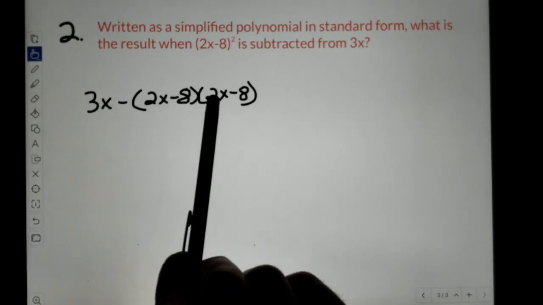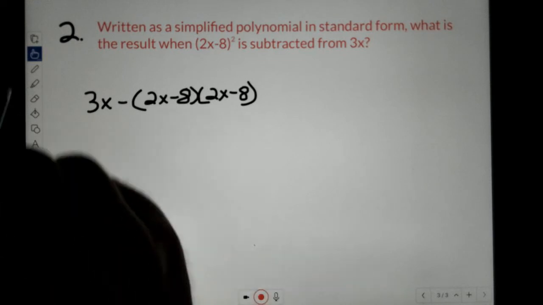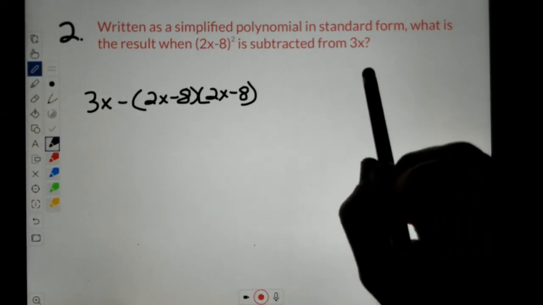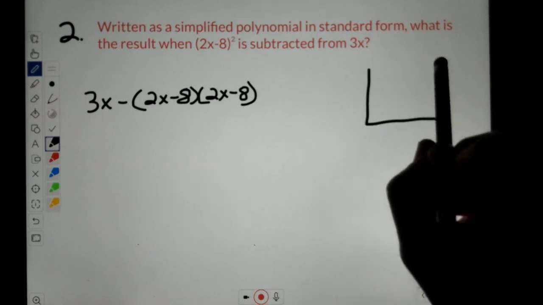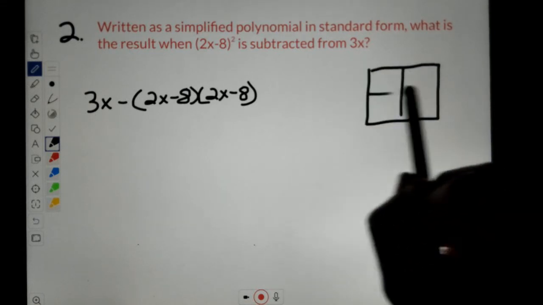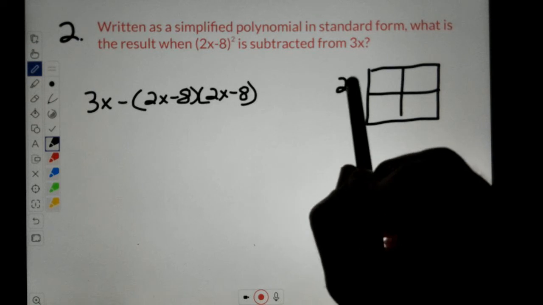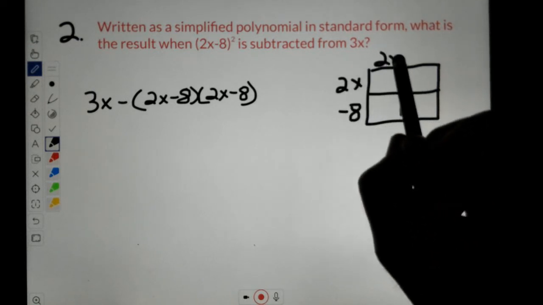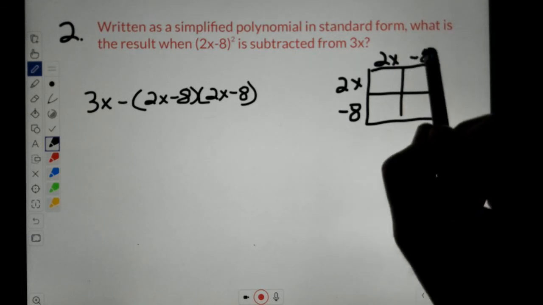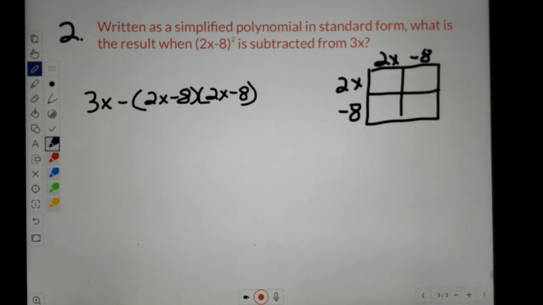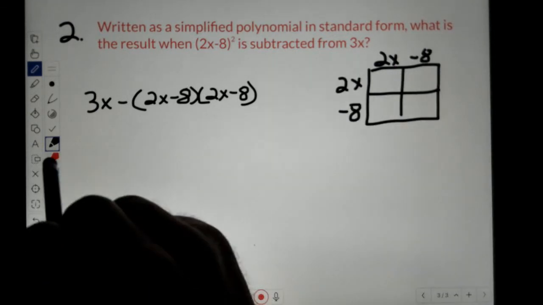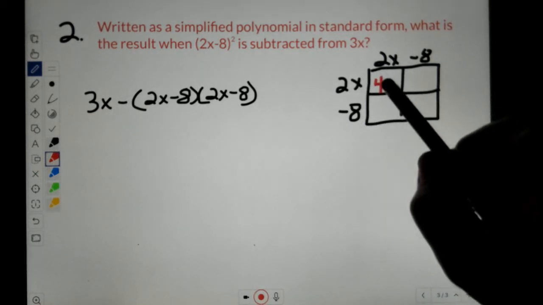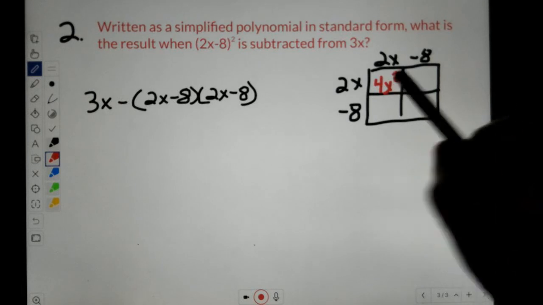So this is a binomial times a binomial. We can use our box method. So let's go ahead and come over here and let's work out our box method. Okay, so we have a 2x and a minus 8 and another 2x and a minus 8 we need to work through. All right, so to solve this first box, it's 2x times 2x, which is 4x squared.